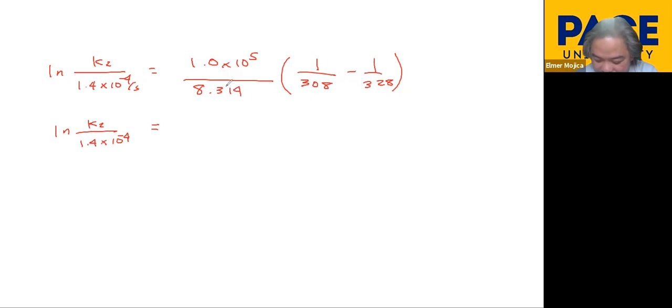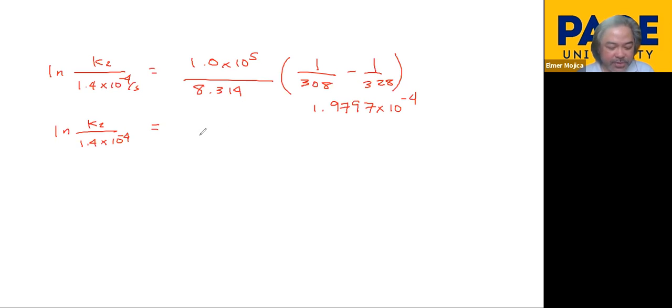So I have 1 divided by 308 minus 1 divided by 328. So I get around 1.9797 times 10 to the negative 4. And I multiply with 1.0 exponent 5 divided by 8.314.